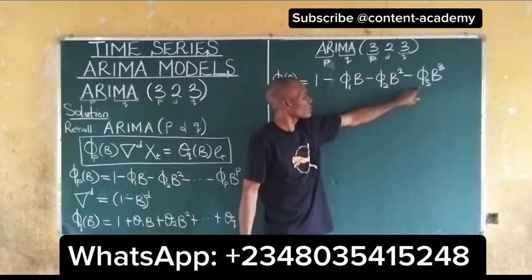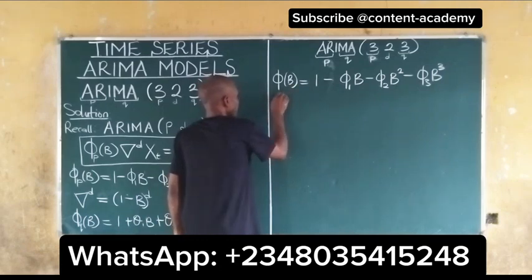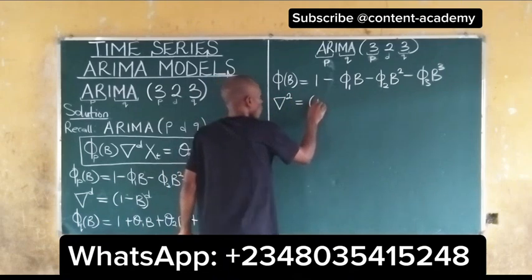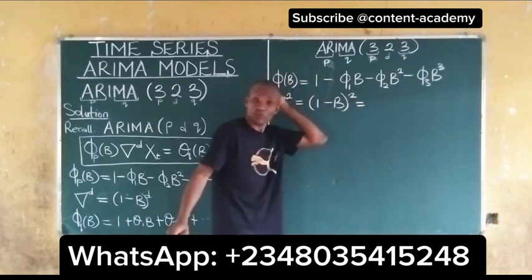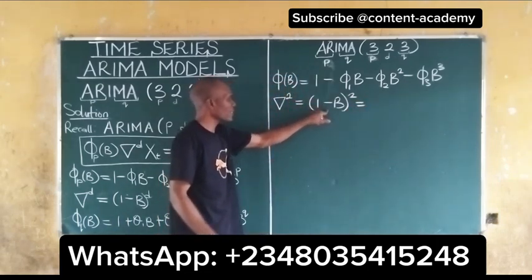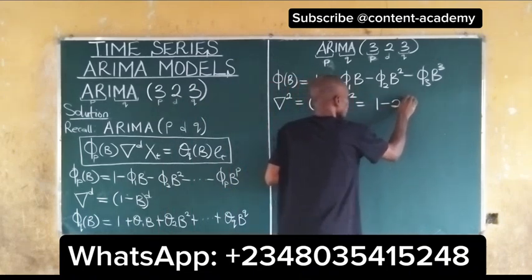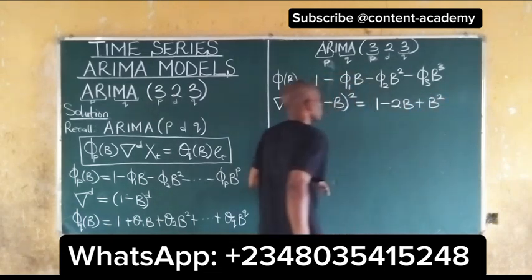That is why we wrote the whole of this. Now, for our differencing part, instead of B, we have 2 here, which is 1 minus B squared, which is the same thing as, for quadratic equation, if we expand this, we'll have 1 minus 2B plus B squared.